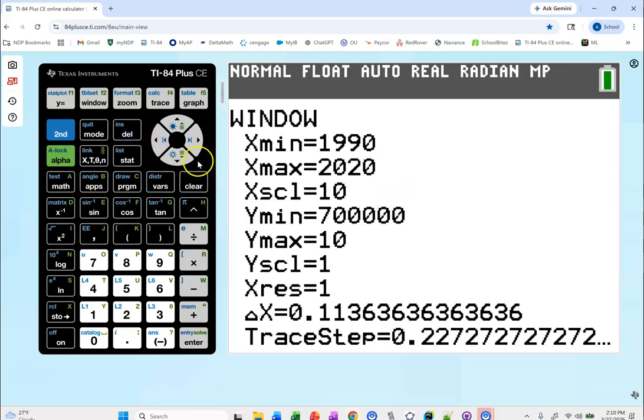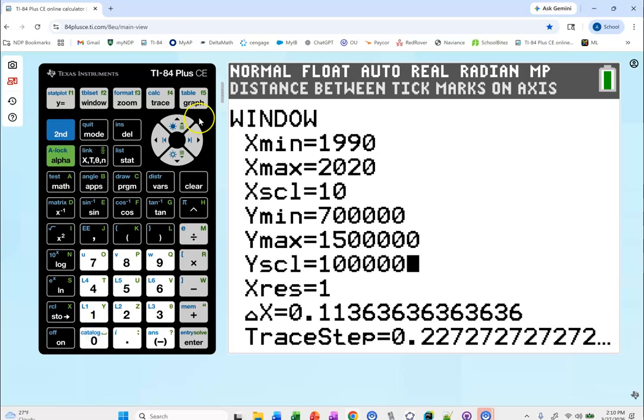That's 7 million. And then what y value do I definitely need to be bigger than, or at least as big as? The 1 million, right? So I don't know, let's do like 1.5 million or something. Everybody's okay with how I chose my window?